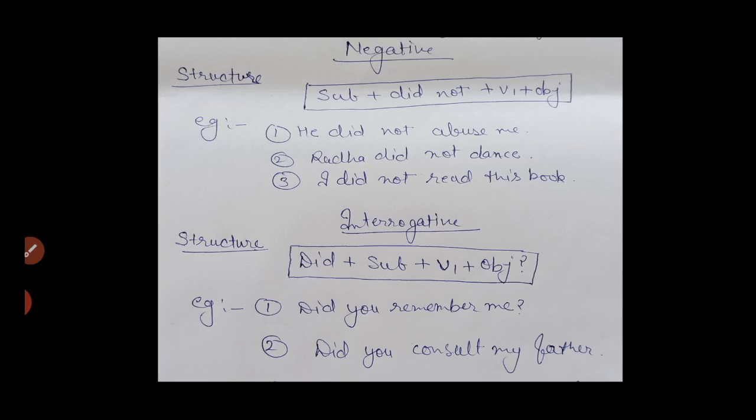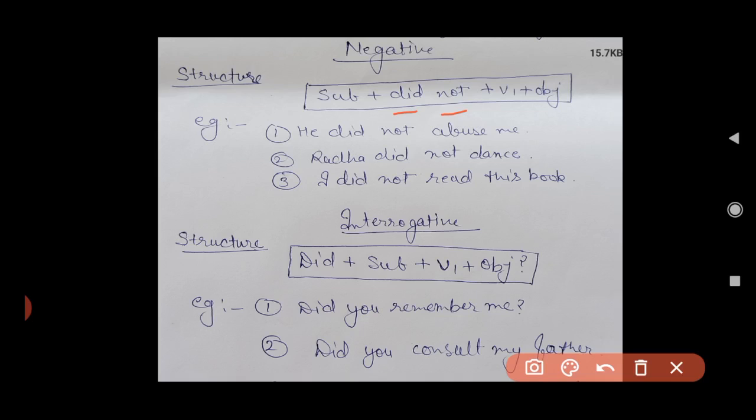Students, remember one thing here, that to form past indefinite negative sentence we have to use did plus not. Okay, did is the helping verb, the second form of the helping verb do, and we will use it here. Did not plus verb's first form.